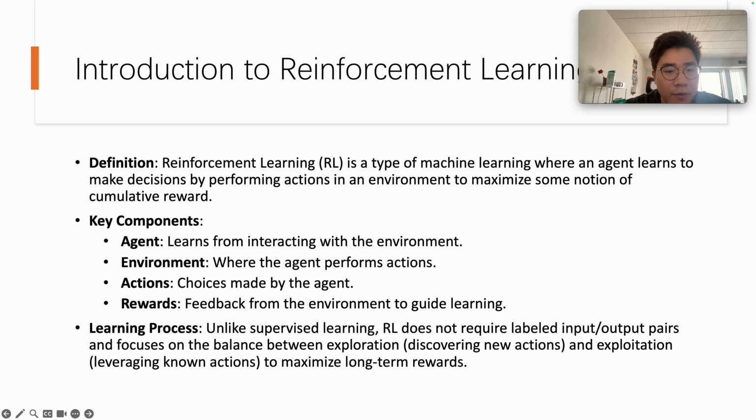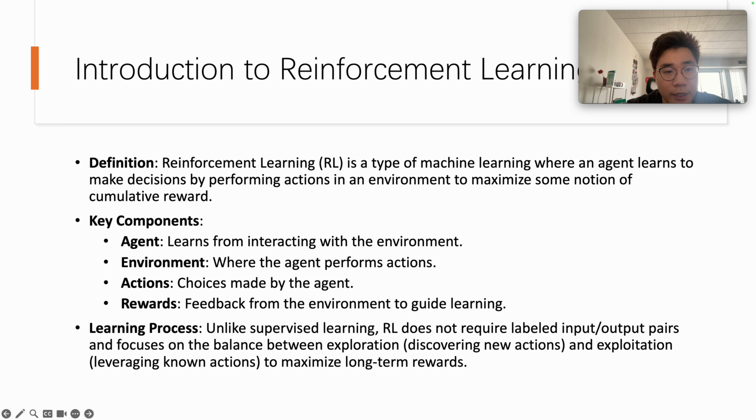Unlike supervised learning, which we may have more experience with, reinforcement learning does not require labeled input and output pairs and focuses on the balance between exploration and exploitation to maximize its long-term rewards.